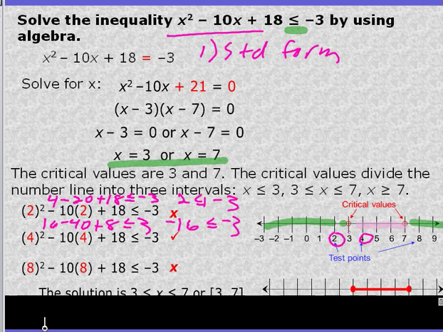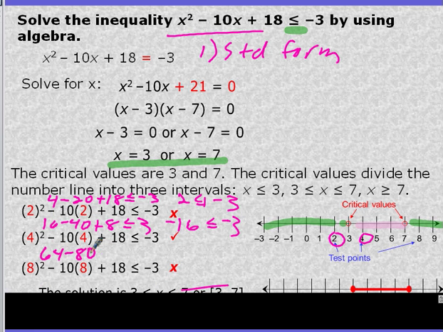And then just to be sure, they'll check 8. If they plug 8 in, you get 64 minus 80 plus 18, less than or equal to 3. This becomes 82 minus 80, so 2, less than or equal to 3. So we know that our solution is in between.